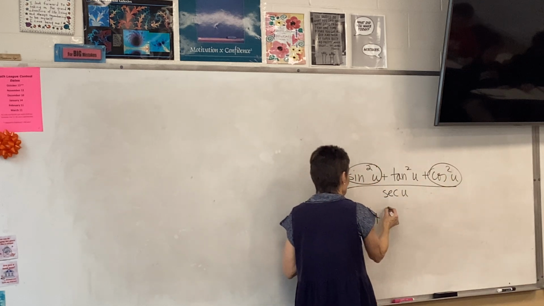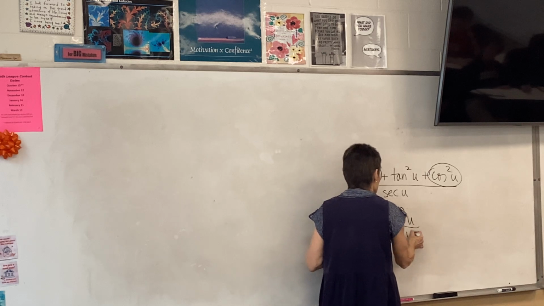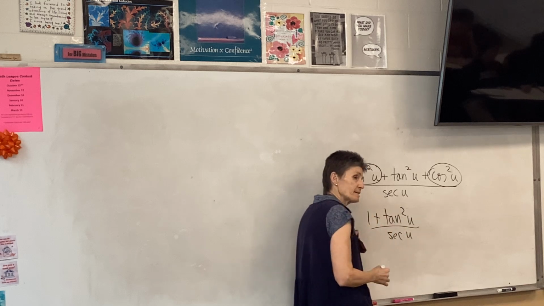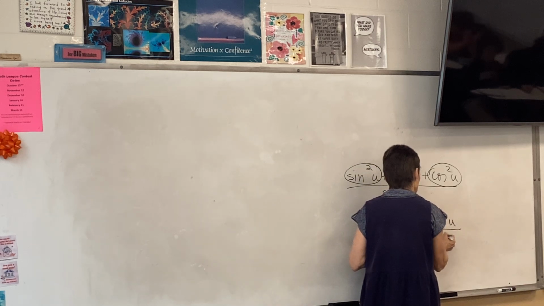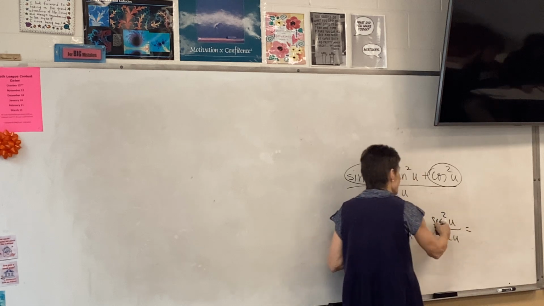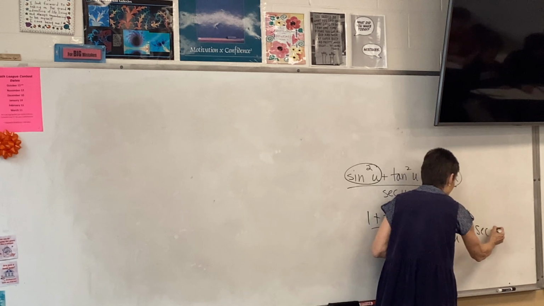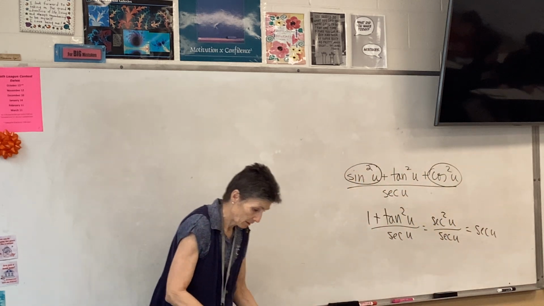We get secant. And did you notice on your sheet that 1 plus tangent squared equals secant squared? And a secant squared over a secant is gonna cancel and leave you secant.